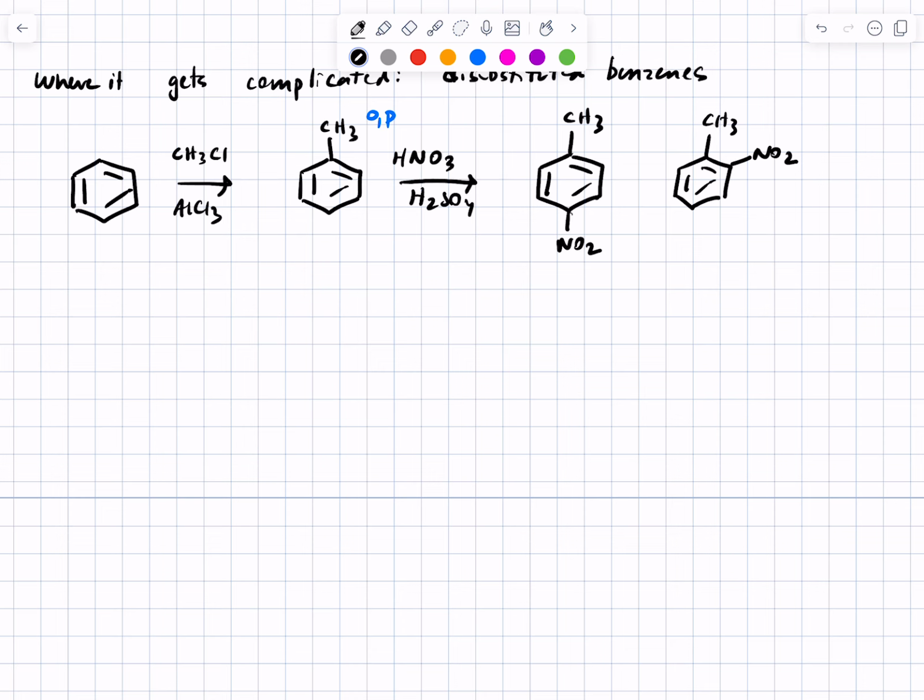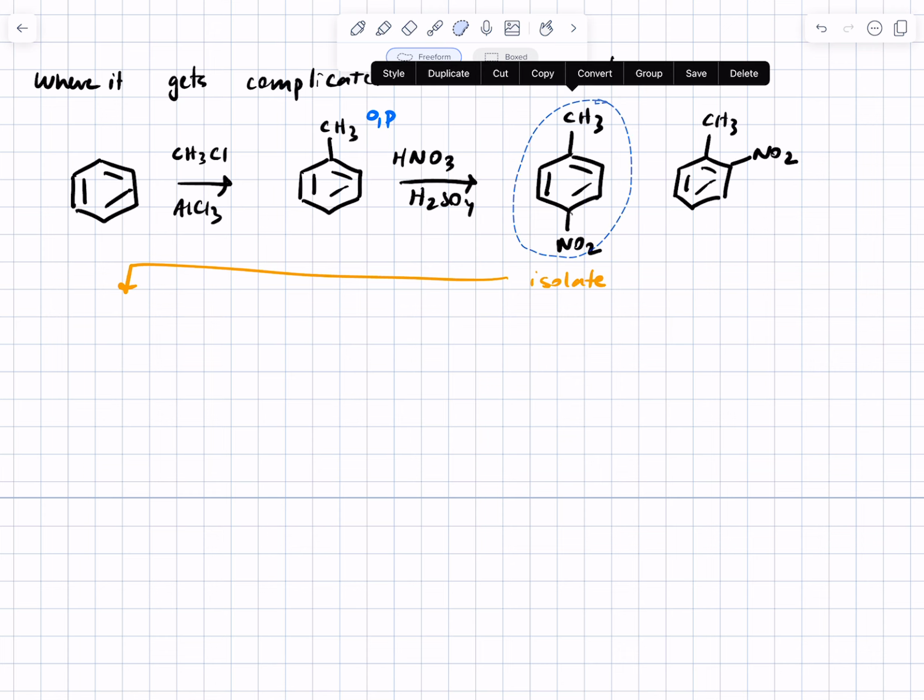Now, suppose that you then want to take this on further. You decide to isolate the para isomer and separate it out and take it on further. So we'll just copy that here.